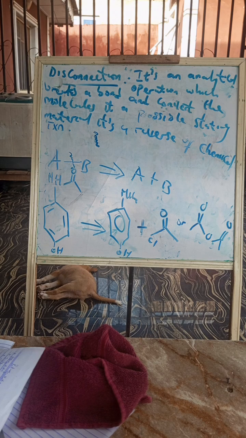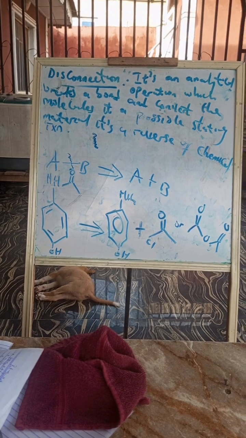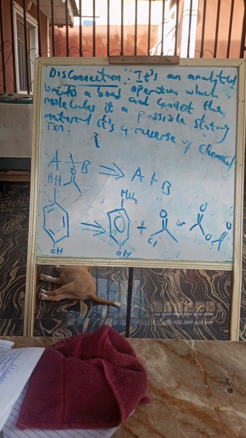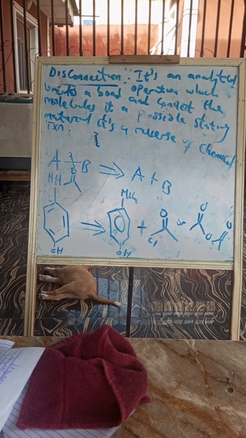There is a branch of chemistry called spectroscopy, like NMR, nuclear magnetic resonance spectroscopy, and infrared spectroscopy.